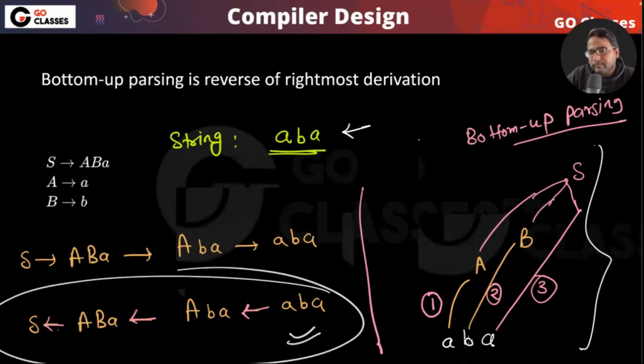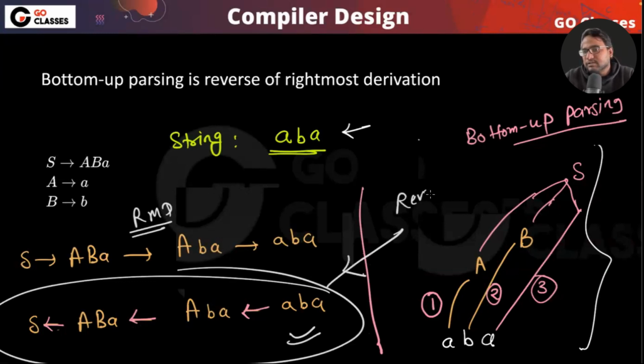You are having ABA, and then the next thing that the bottom-up parser has is capital A small ba, isn't it? Then the next thing the bottom-up parser has, the second step, capital A is capital B, capital B, small a, and then it is having S. So this was the RMD.